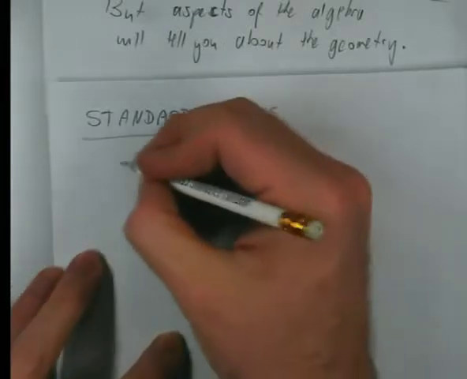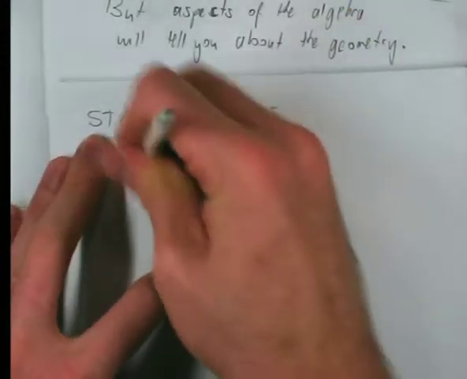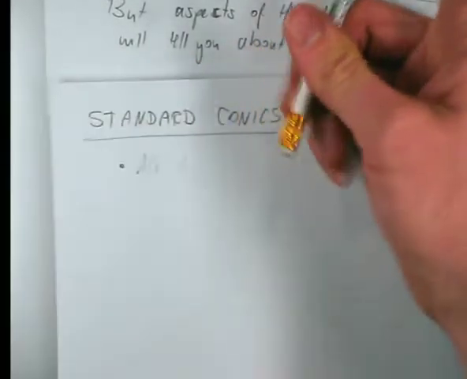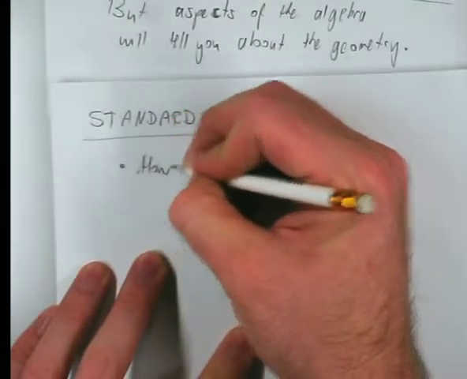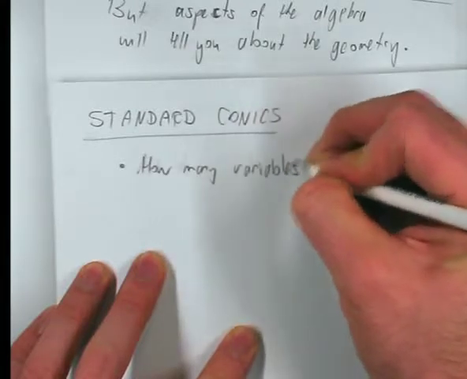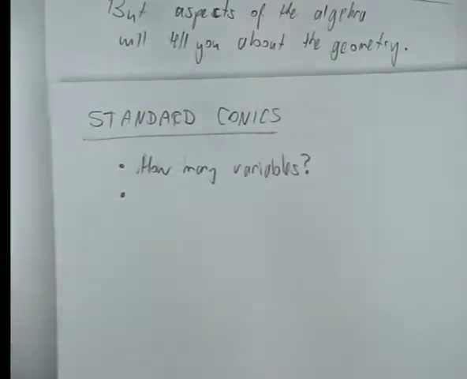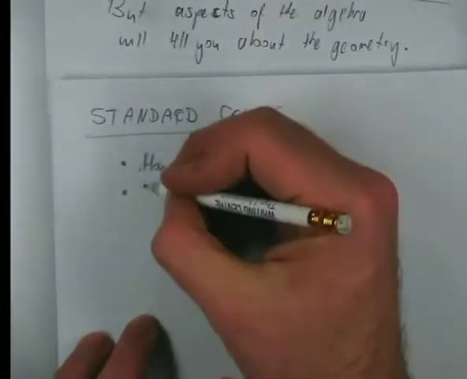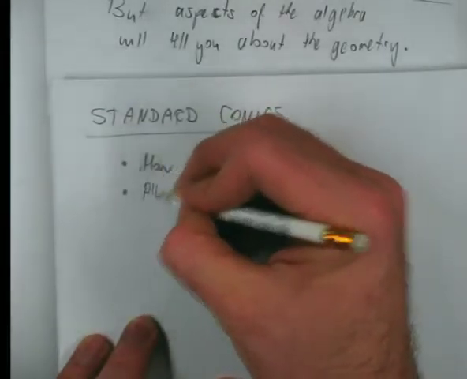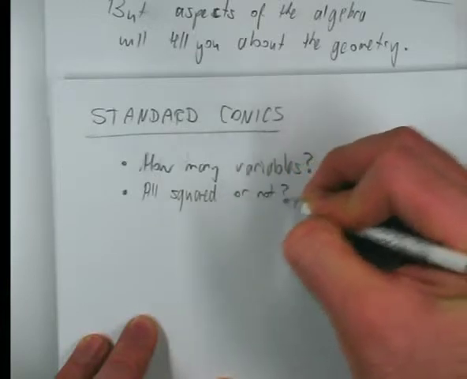Okay, so there's those three questions. Are all the variables there? How many variables are in the equation? How many of them have squares? Are they all squared or not?